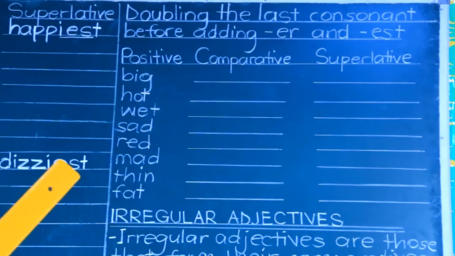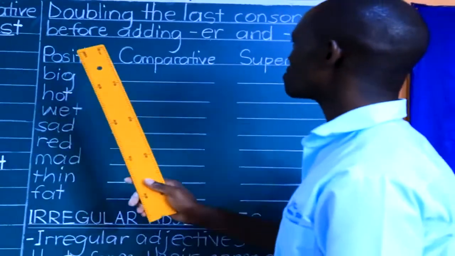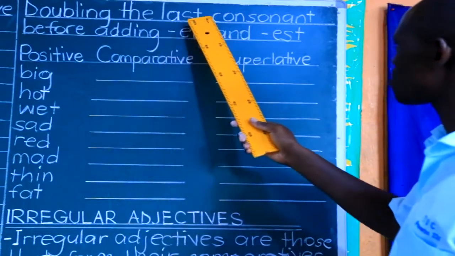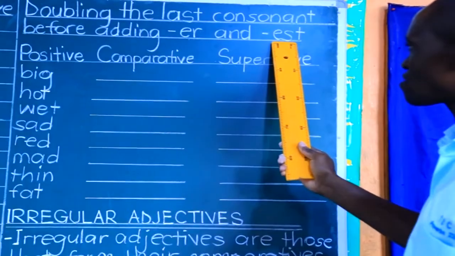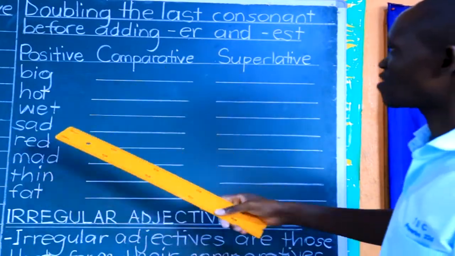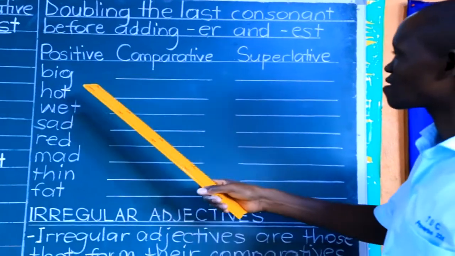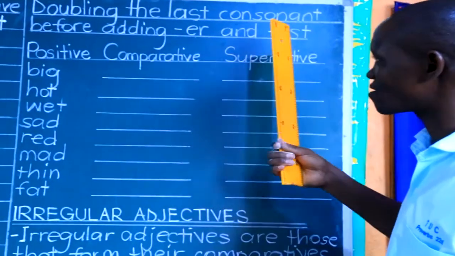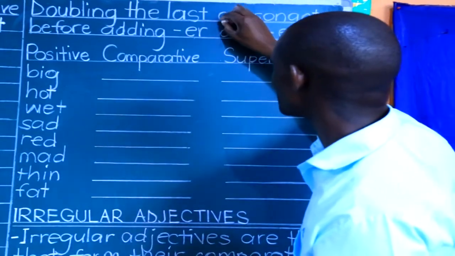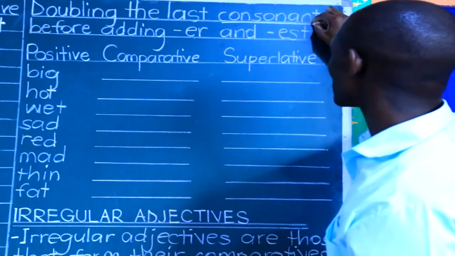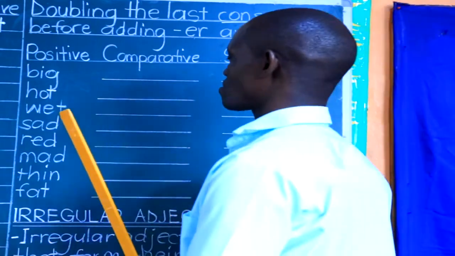This time we have a new rule to follow, and this rule is simply doubling the last consonant before adding ER and EST. What does the teacher say? You're going to double. To double is to make the last consonant appear twice. If you've not understood the meaning of consonant, it means you missed something in this same lesson, because it is what I've been explaining.